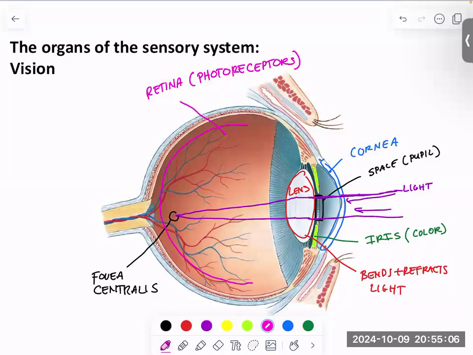What's interesting, this is what the lens does. If you see an A like this, in that orientation, the lens is going to bend it, the lens is going to refract it. So when the light gets over here, the A now looks like this. It's upside down.